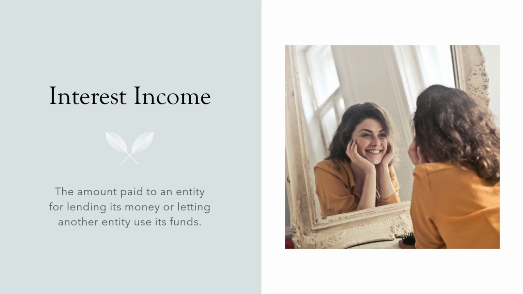And that's what you saw earlier in the video. Also I'll put in the description below the different kinds of interest income that you can receive. So it's basically getting money for lending your money. That's the definition of interest income.